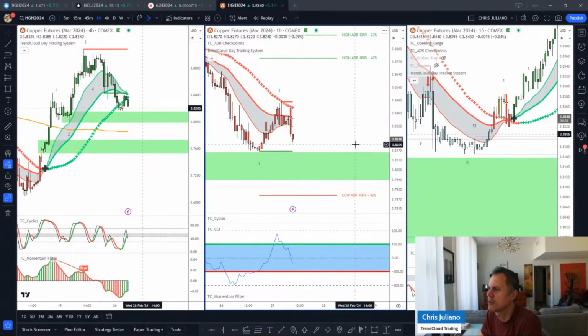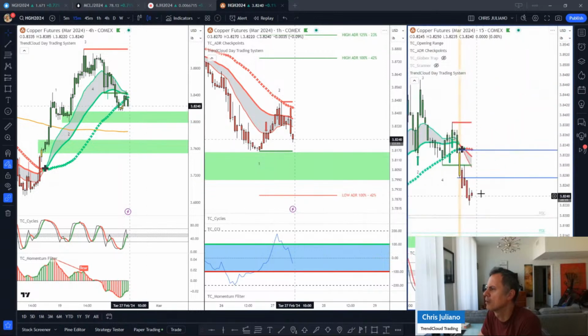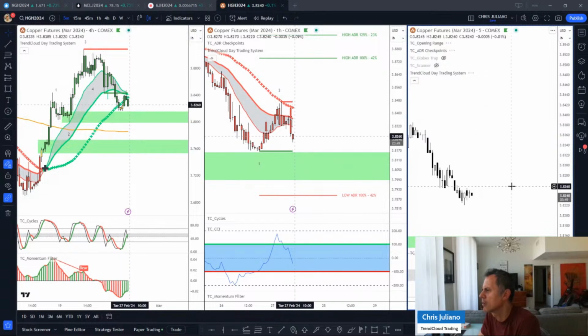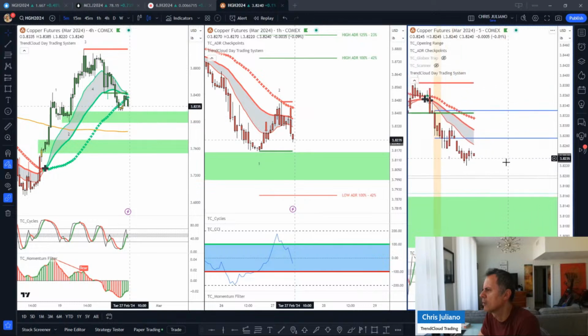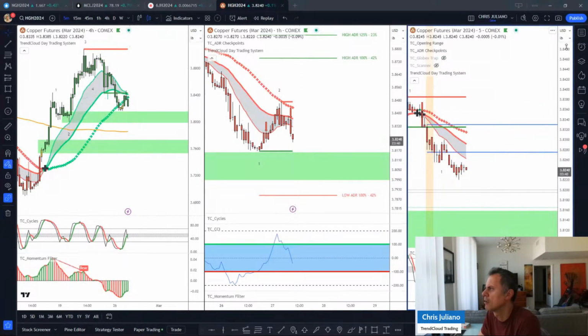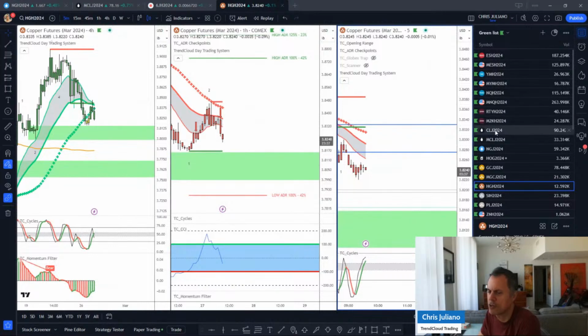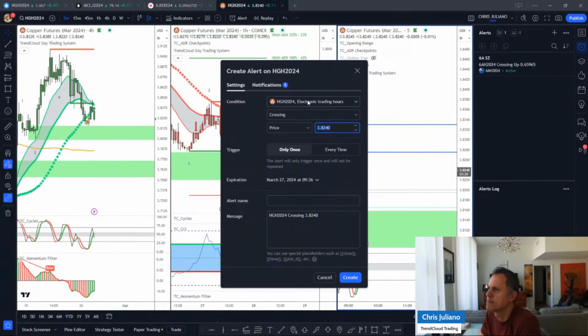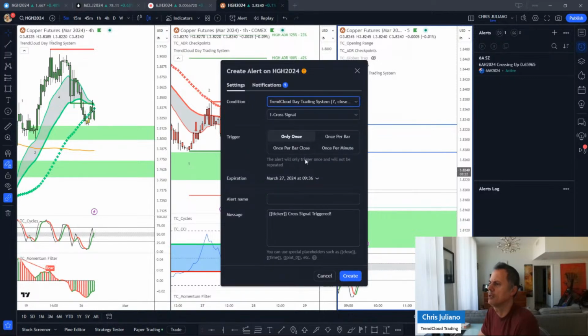Let's set an alert. Let's go out to the 5-minute chart. Why don't we set an alert for a crossover? TrendCloud. Click onto TrendCloud. Bar close. Cross signal, right?